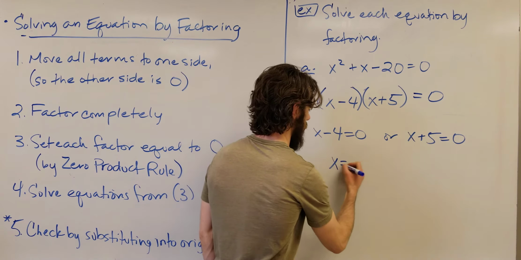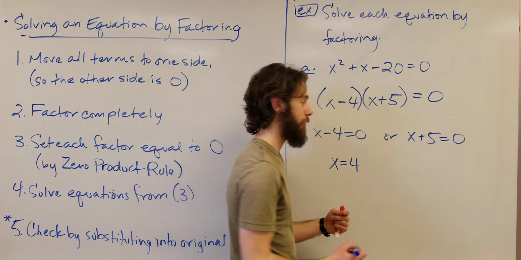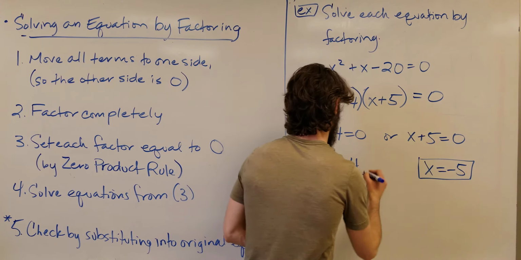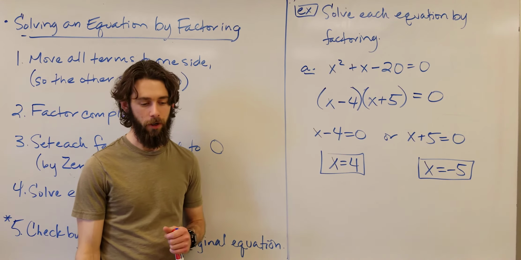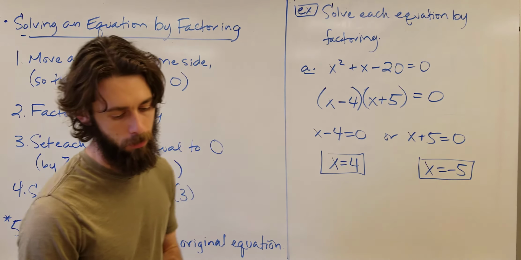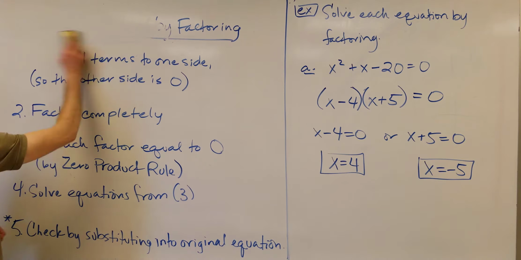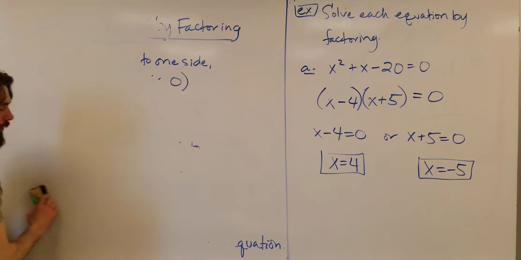So that gives us x equals 4 and x equals negative 5. Okay, so that's a nice basic solve the equation by factoring. Let's just do a couple more here.